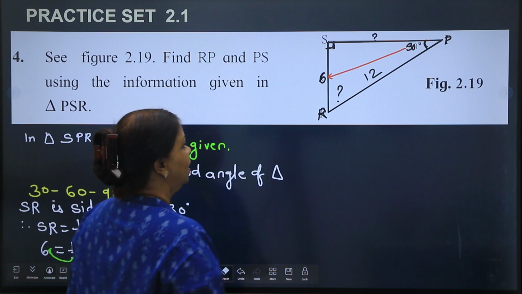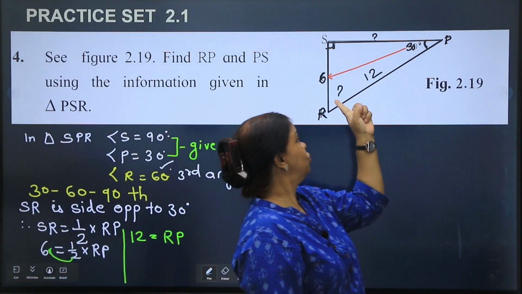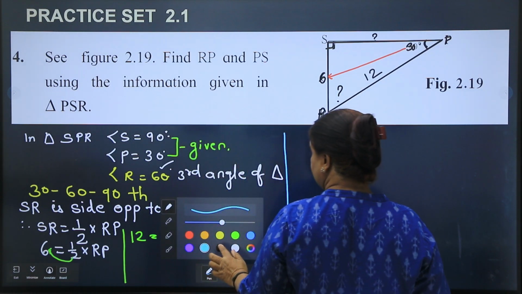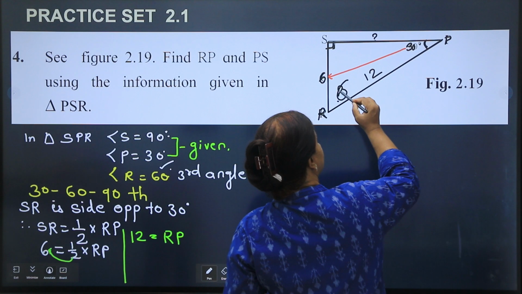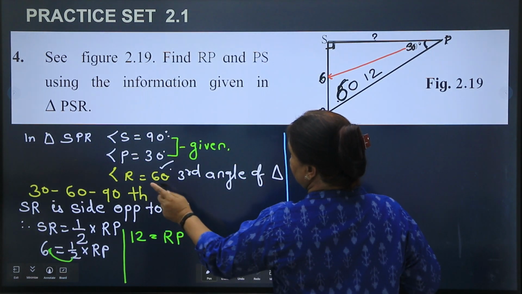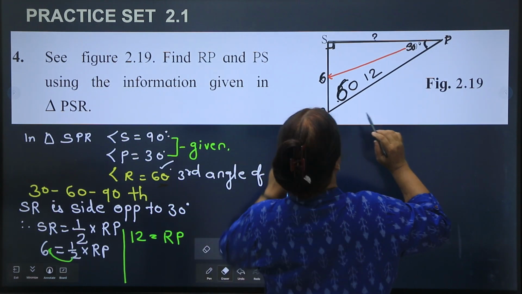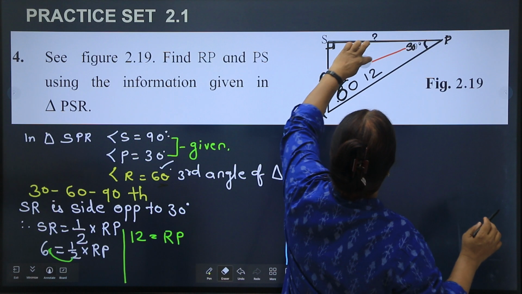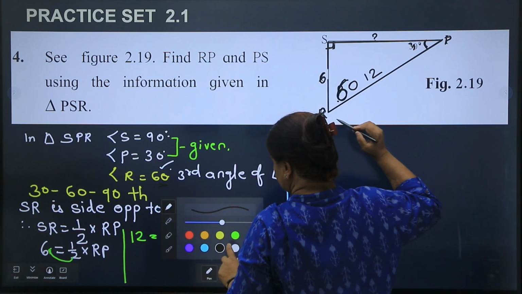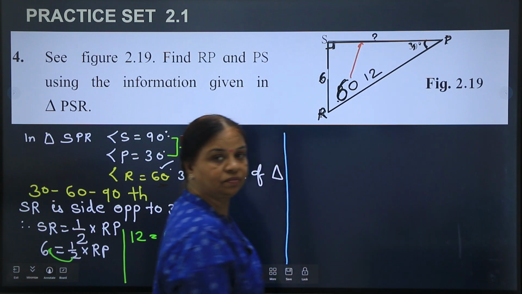Now we need to find out SP. SP is the side opposite to the 60 degree angle. We have already found the angle here; this is the 60 degree angle we have got, and the side opposite to it is SP.